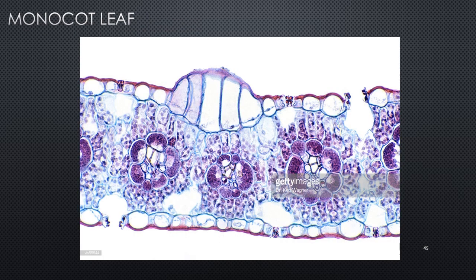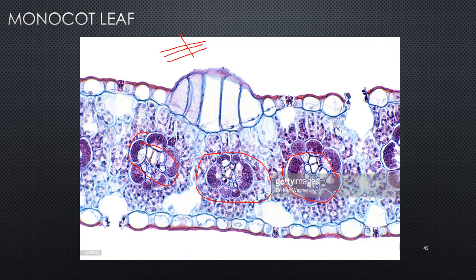In our monocot leaf, this is a cross section. So if you'll remember, when we had our parallel veins, if we took a cross section of it, this is what it would look like. So here is a vascular bundle, here's another vascular bundle, here's another vascular bundle.